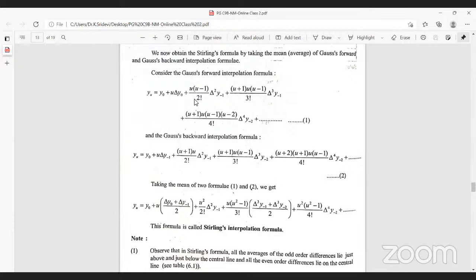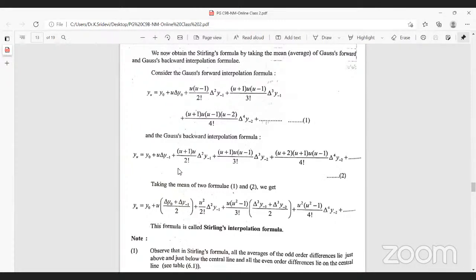The third term in this formula is this one and in the other formula this one. The average of these two terms, this term plus this term by 2, you get delta square y minus 1 into u minus 1 by 2 factorial plus this u plus 1 into u by 2 factorial by 2.